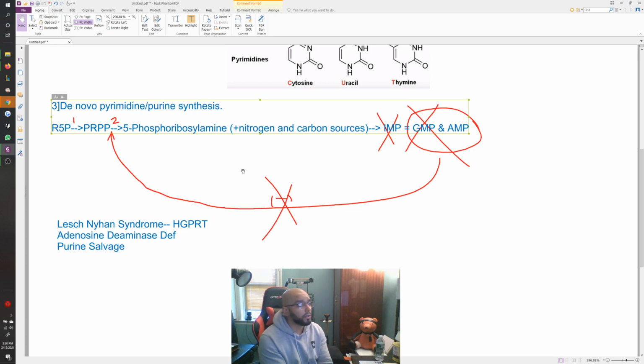The urea cycle is very intimately related to purine and pyrimidine synthesis, because even the ribose 5-phosphate we see here is related to another cycle, which is the HMP shunt. In the HMP shunt, you actually make ribose 5-phosphate. That's where this is coming from. So when you're studying biochem, especially biochem metabolism, there are a lot of other sections of the book that are relevant, and you have to make sure you do those jumps, and I'm going to point some of these out to you.